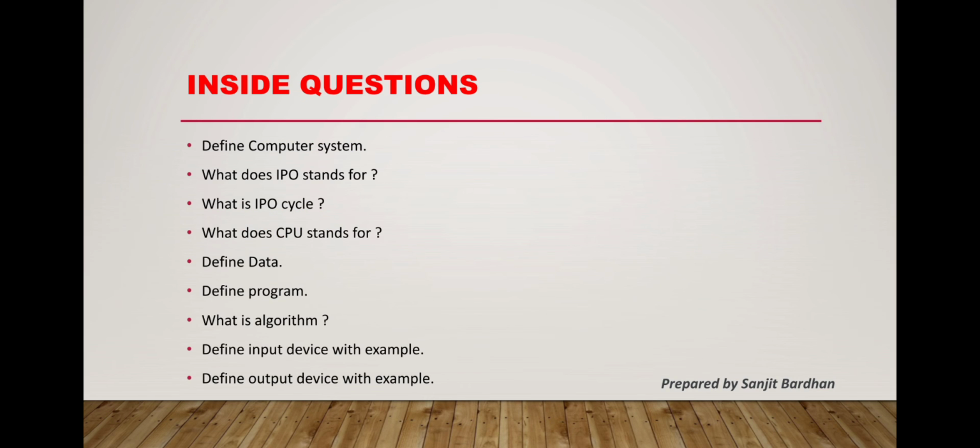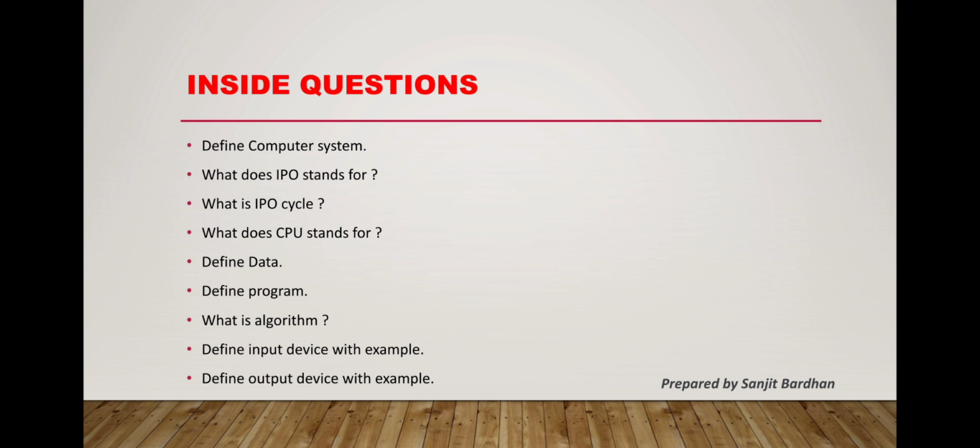So next, here are some important questions and answers following this topic. What is a computer system? We discussed the computer system in this video. What does IPO stand for? IPO stands for input process output. What is IPO cycle? What does CPU stand for? What is data?